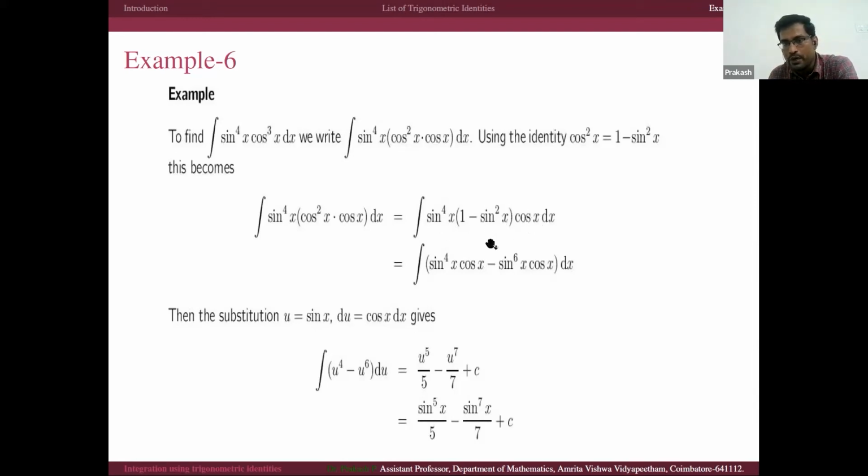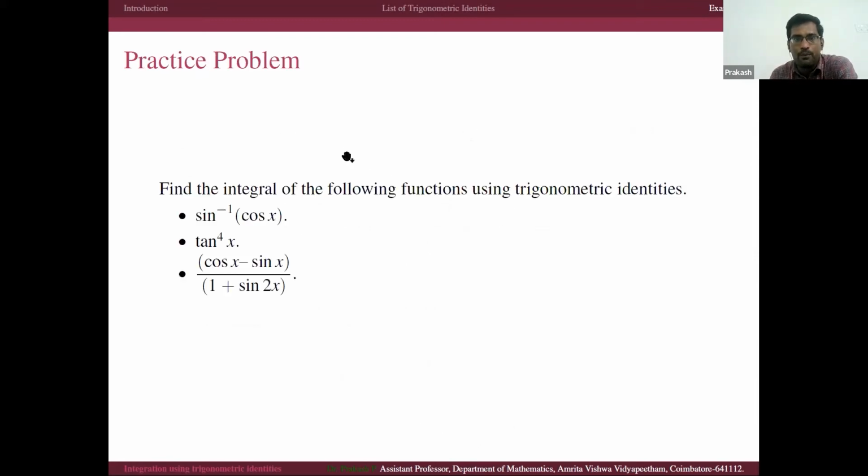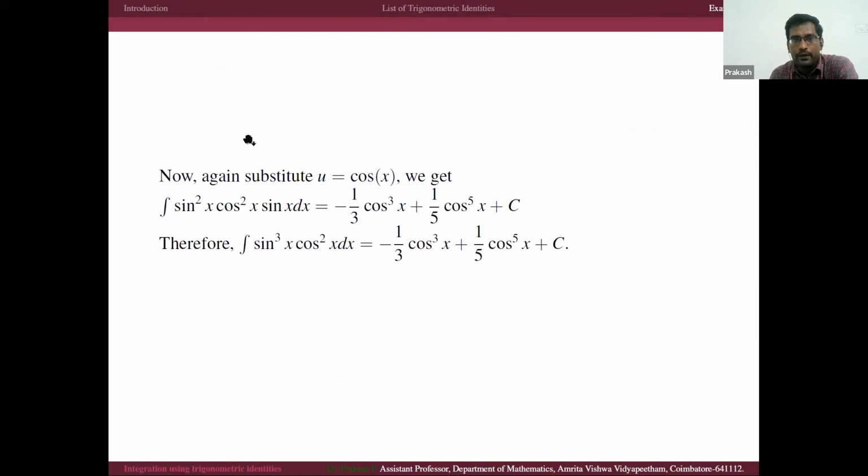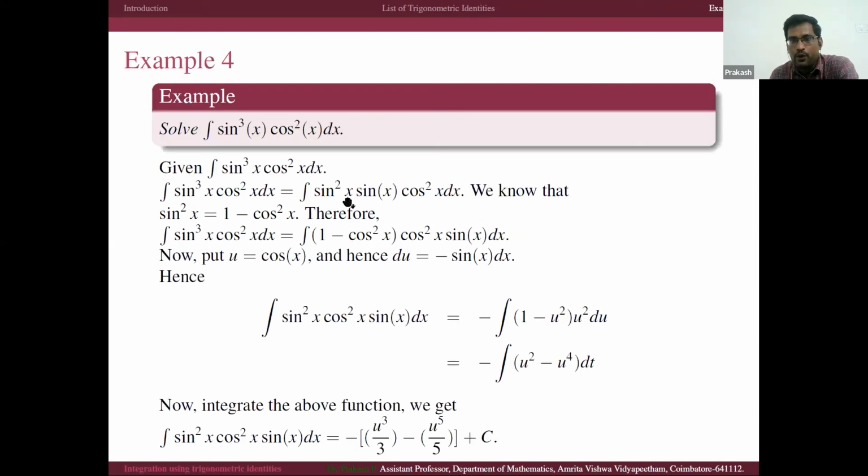Now you need to take u equal to sine x. In the previous problem we took u equal to cos x, because odd powers were coming there, sine cube x, so sine cube x only we split into sine square x into sine x.